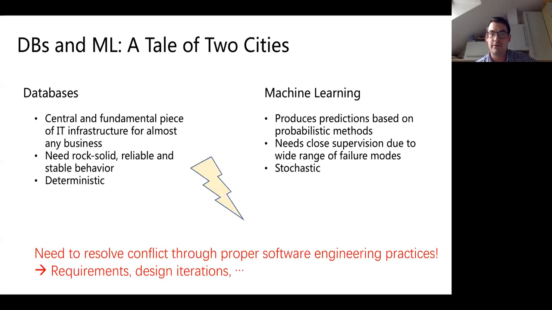I mean, just think about a bank or something like this. And so obviously you want rock solid, reliable, stable behavior, and most of all, deterministic behavior. You want to have the same behavior for the same query when you run it twice. On the other hand, we have machine learning models where you produce predictions using probabilistic methods. And you have a pretty wide range of failure modes. It's inherently stochastic, so you need close supervision.